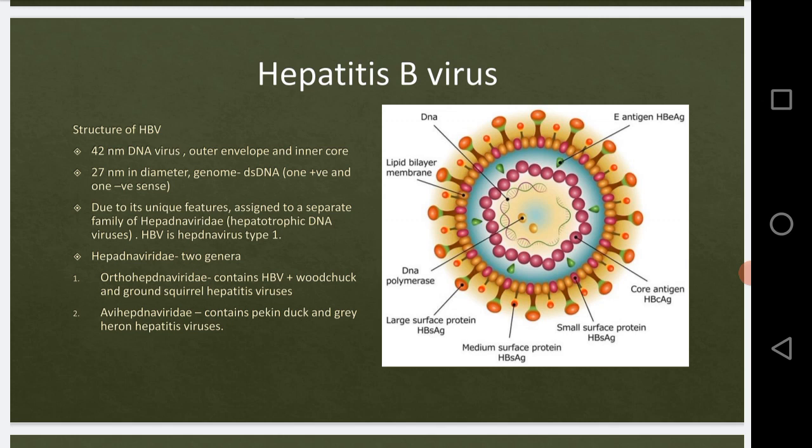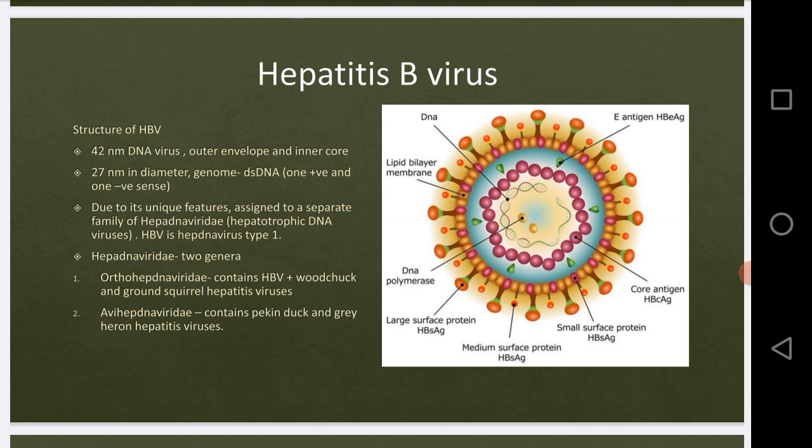The positive sense strand is incomplete, so the genome is partially double stranded. Therefore the DNA dependent DNA polymerase, which is also present, as you can see indicated in this picture, fills up the gaps and develops the genome into the fully double stranded viral particle.